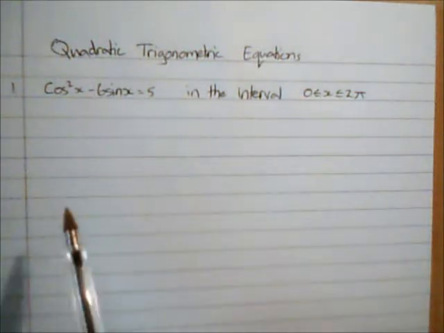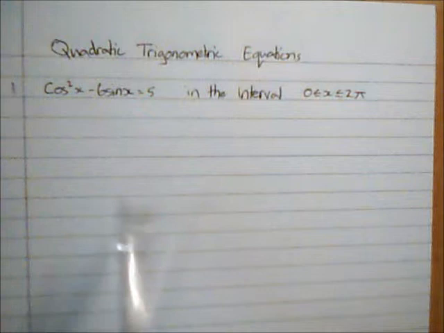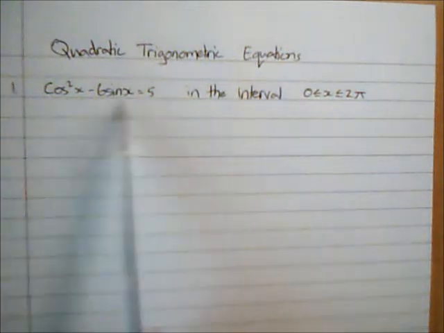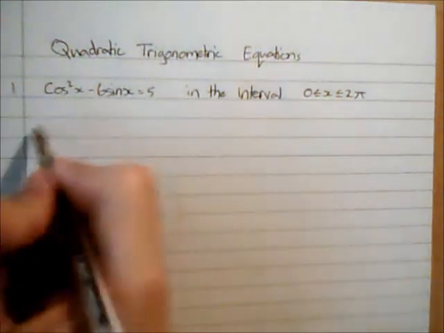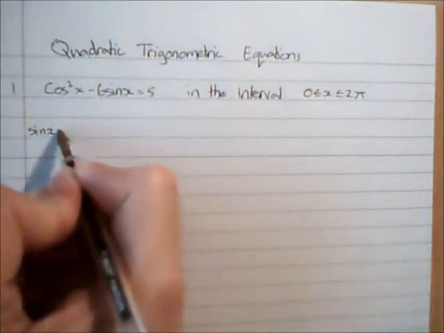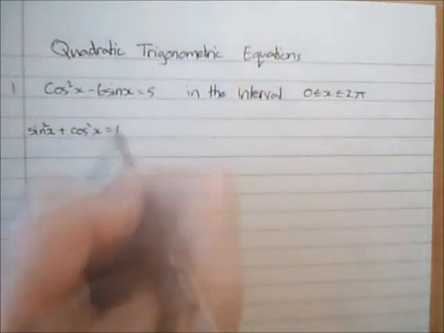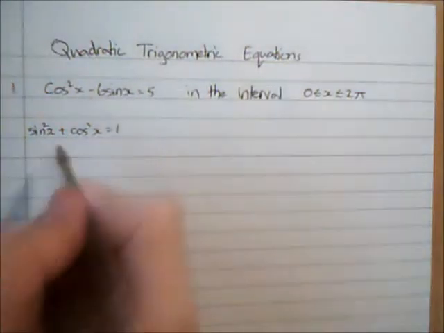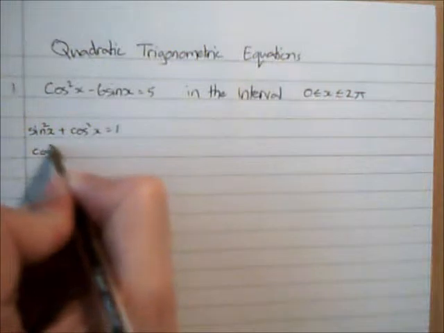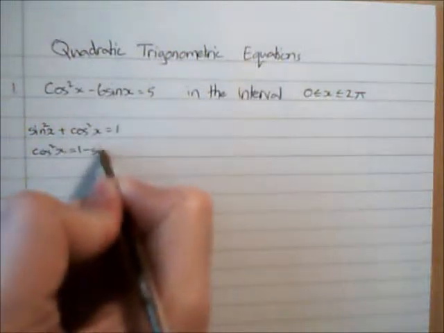Now this one has an added level of complexity because part of it is in terms of cosine and part in terms of sine. So I'm going to deal with that first, using the identity that sine squared x plus cosine squared x is equal to 1. And therefore cosine squared x is 1 minus sine squared x.